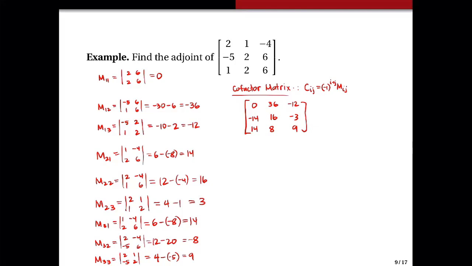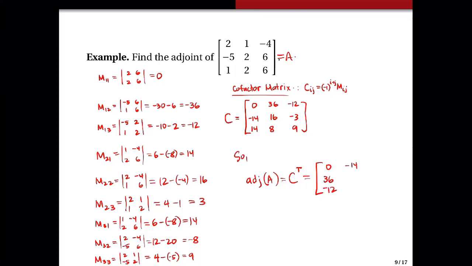Let me label this as capital C. Therefore, the adjoint of A, let me label this matrix as A. So the adjoint of A is equal to the transpose of C. So the adjoint is just 0, 36 here, and negative 12 here.